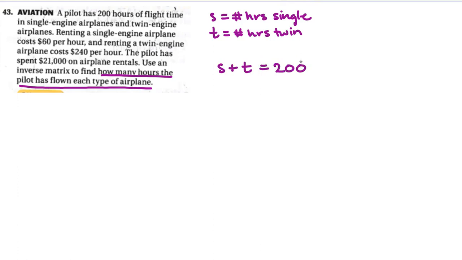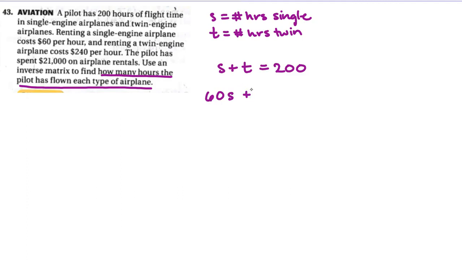And then we also have the information about the costs. It should kind of remind you of distance equals rate times time, but instead it's cost equals rate times time. So the cost per hour for the single-engine airplane is $60, that's the rate. And the number of hours, S, that's the time, so $60 per hour times S hours would give you the total cost for that kind of plane.